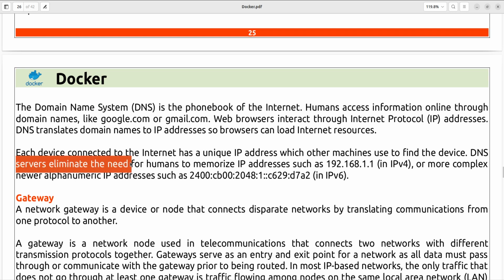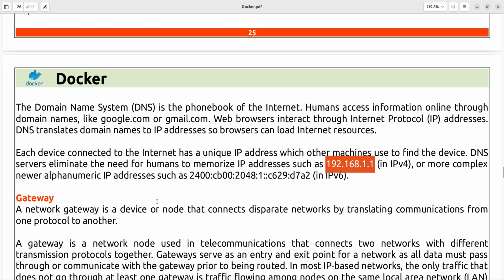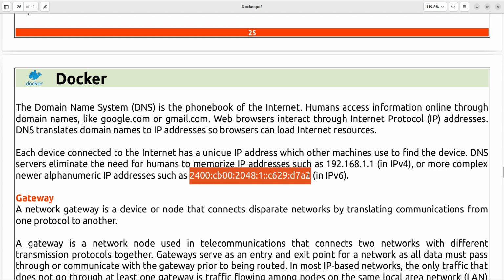DNS server eliminates the need for humans to memorize IP addresses, such as an IP address in IPv4 or the more complex, newer alphanumeric IPv6. This type of address will be there. IPv6 is very hard to remember because IP address format is also changing from time to time. You cannot memorize it like that. So instead of that, you can use DNS.